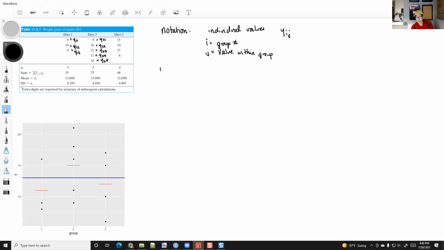So basically, Y24 is the 4th value in group 2, which in this case is equal to 11, okay? Y bar I is the mean of group I. So Y bar 2 is the mean of group 2, which is 15.